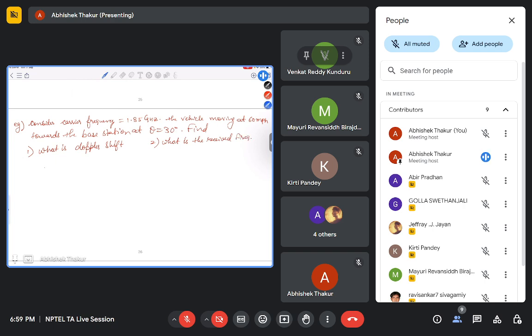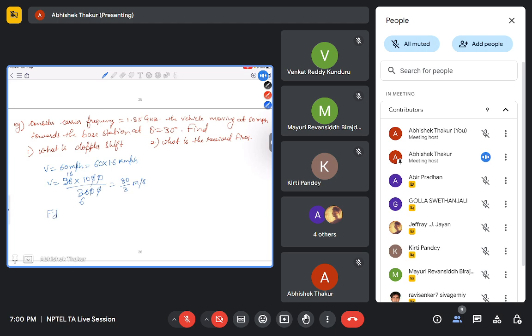So for finding this, we'll first change the velocity 60 miles per hour into meter per second. So this will be 80 by 3 meter per second.